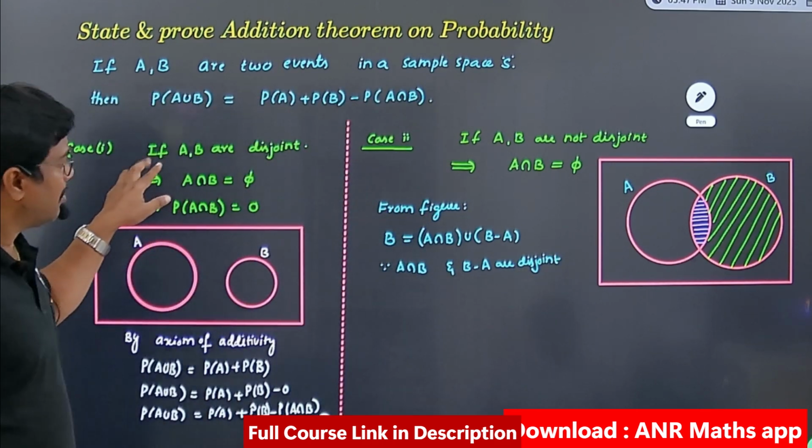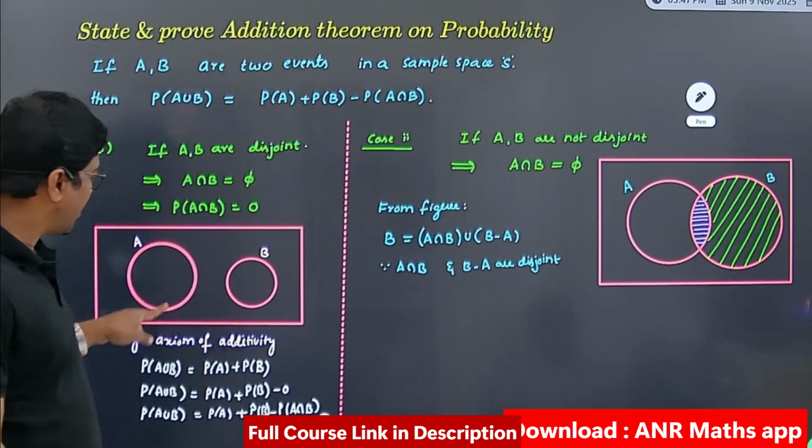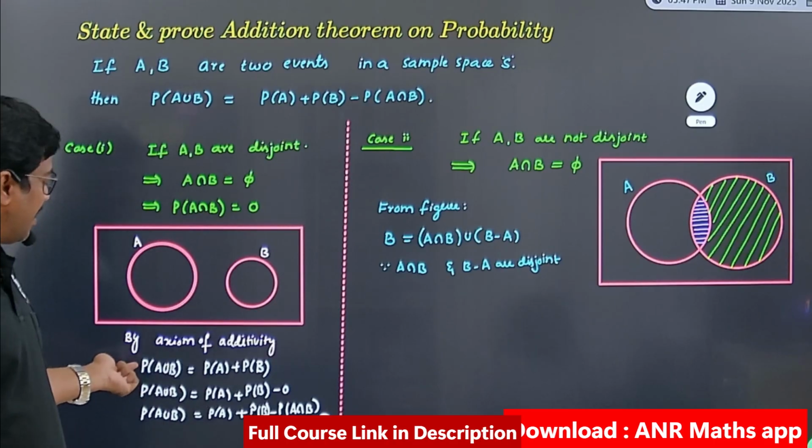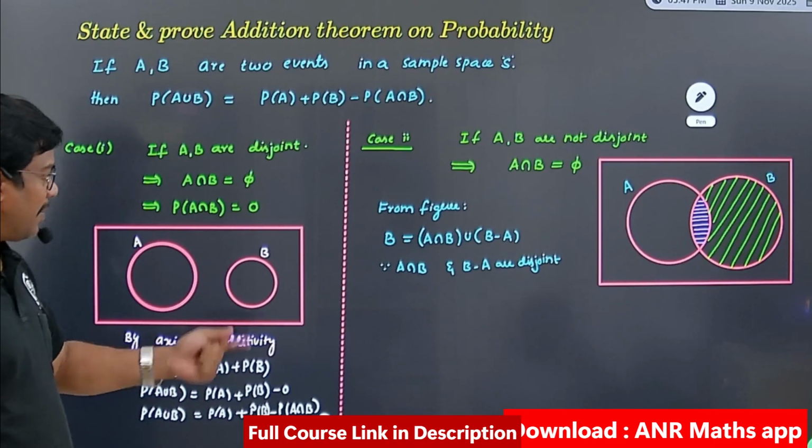Whenever two events are disjoint, by axiom of additivity I can write probability of union as addition.